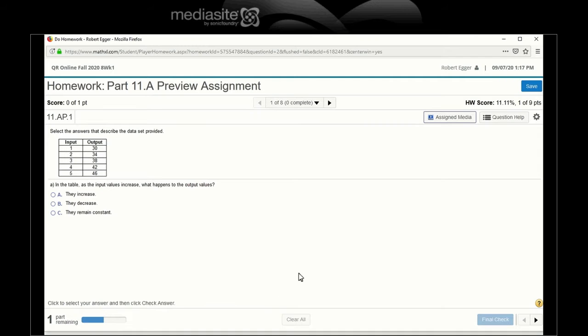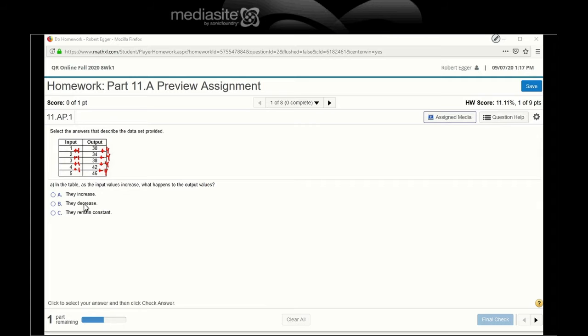Two parts at least. So select the answer that describes the data set provided. Look, x is going up by 1 every time, and plus 4: 34 to 38, 38 to 42, 42 to 46. So in the table, as the input value increases, what happens to the output?